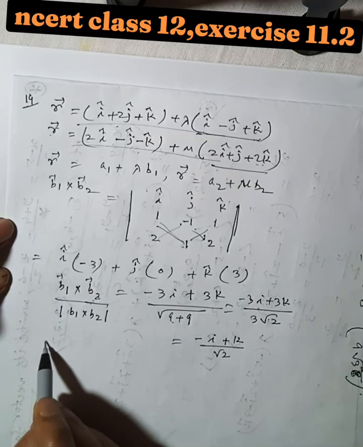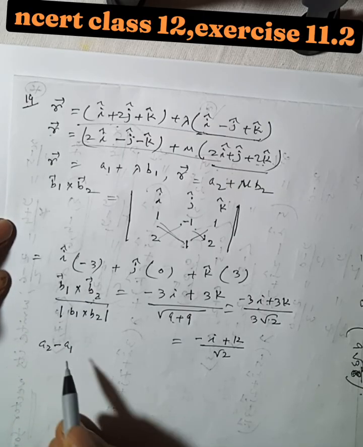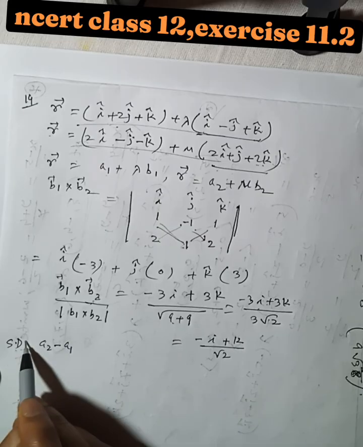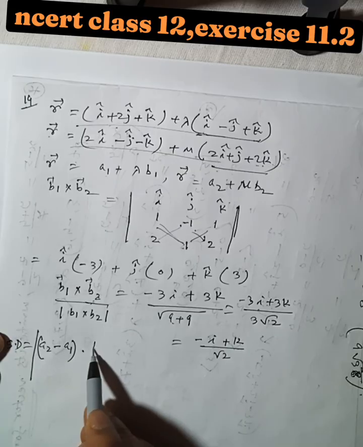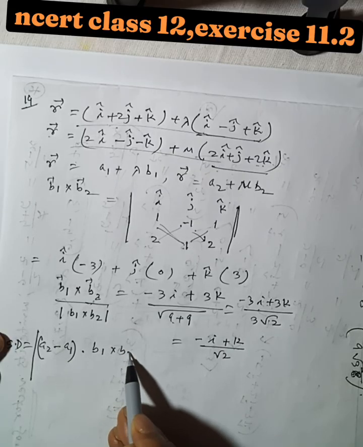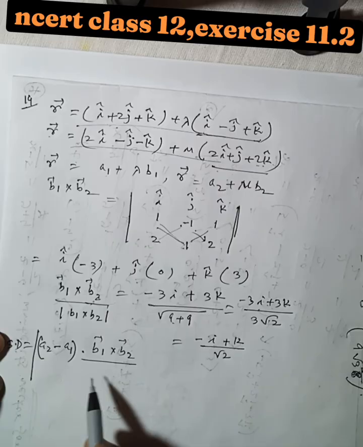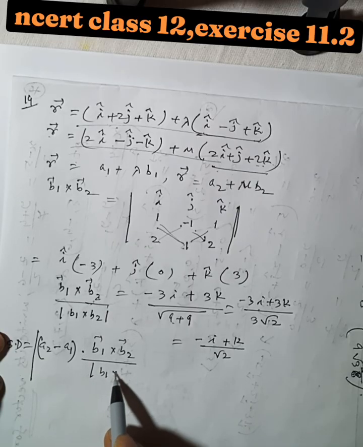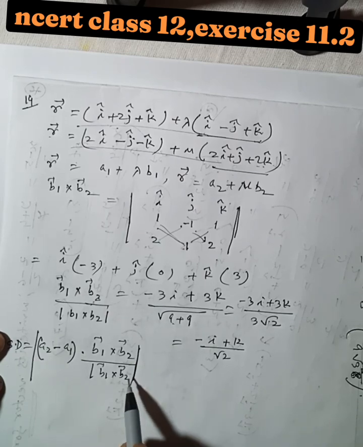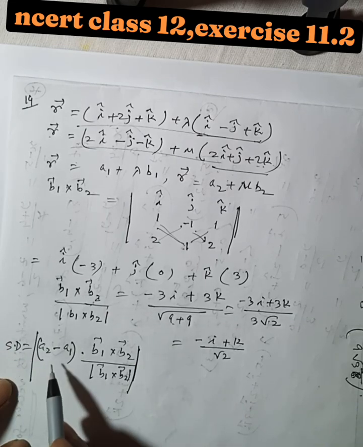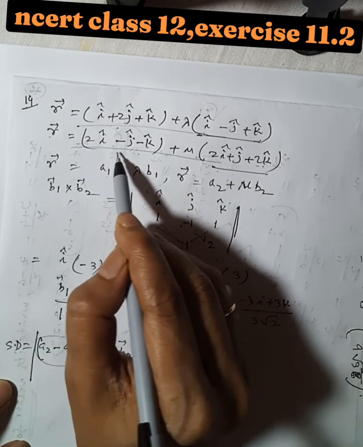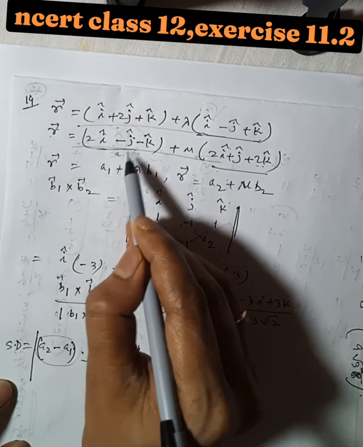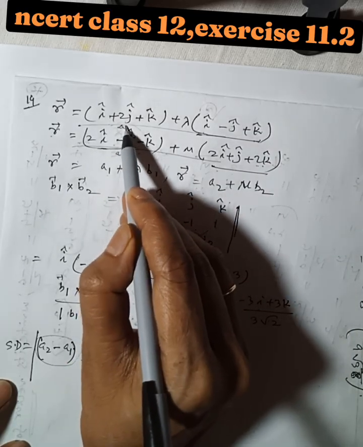Now find a2 minus a1. Our shortest distance formula is the modulus of (a2 minus a1) dot (b1 cross b2) divided by the modulus of b1 cross b2. This is our formula for shortest distance. So we find a2 minus a1, where this is a2 and this is a1.